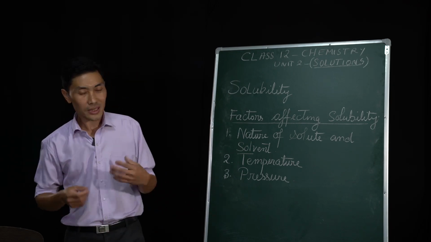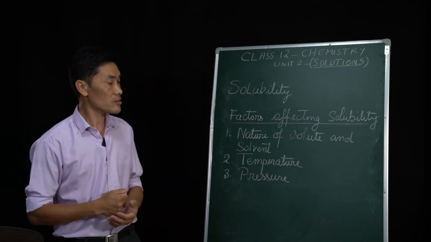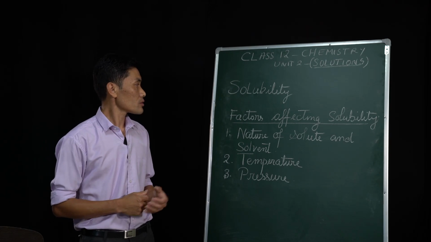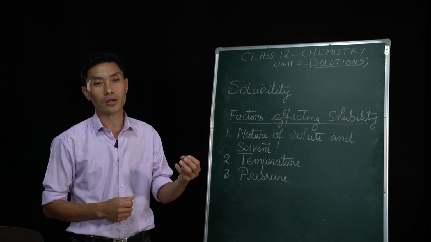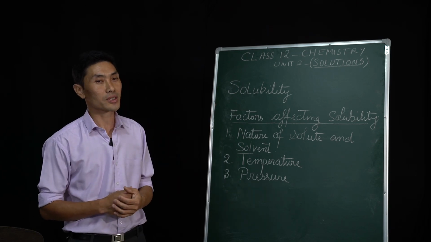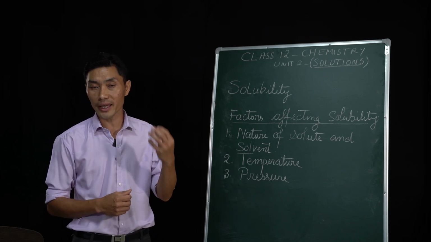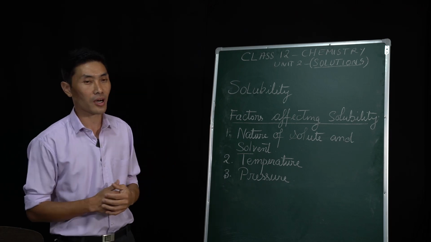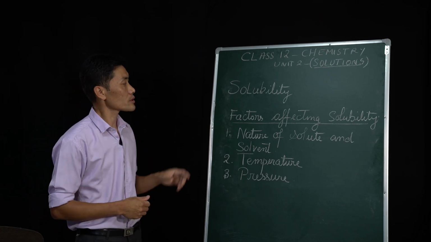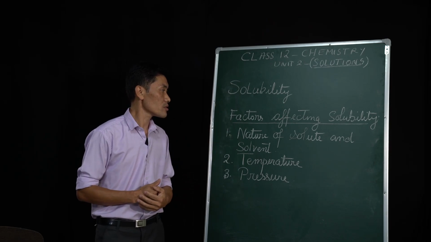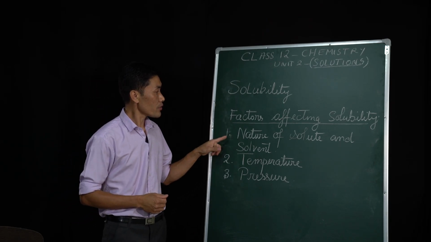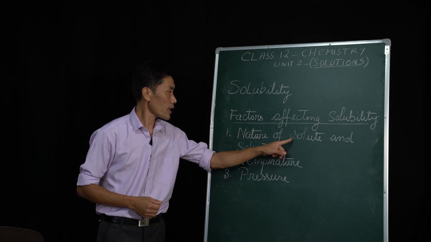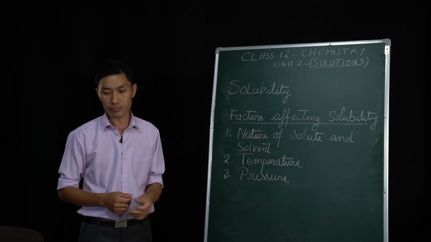Now we will discuss the effects of these three factors on the solubility of solids in liquids as well as on the solubility of gases in liquids. In these two types of solutions, we will discuss the effects of these three factors. First, let us see the first factor, that is nature of solute and solvent.